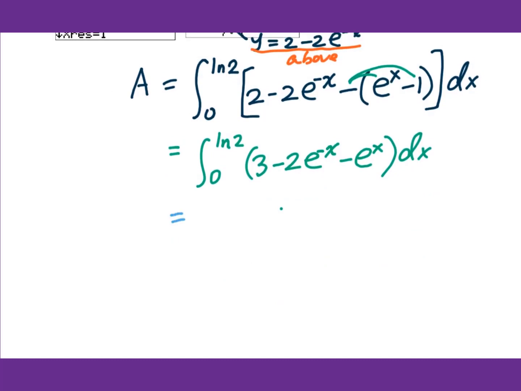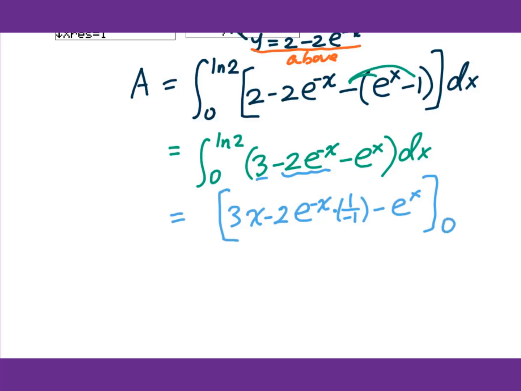Therefore, for this 3, I will get 3x. For this, you will get negative 2e to the negative x power times 1 over negative 1. That's positive 2 over e to the x power. Then minus e to the x power from 0 to natural log of 2.